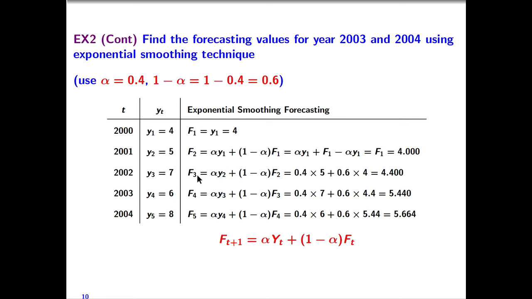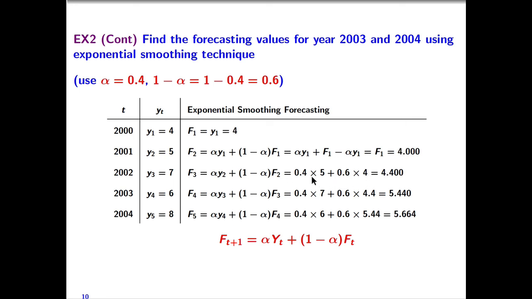Now for F3, again, we use this equation, and F3 is equal to alpha times y2 plus 1 minus alpha times F2. And you will have 0.4, which is alpha, times y2, which is 5, plus 0.6 times F2, which is 4.